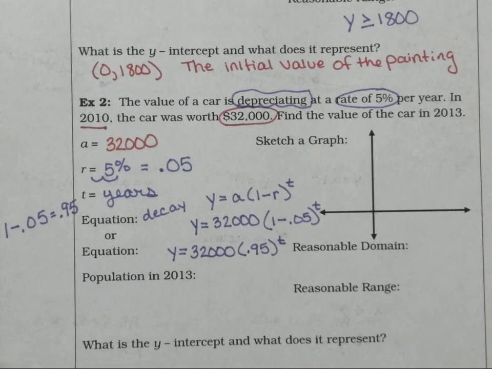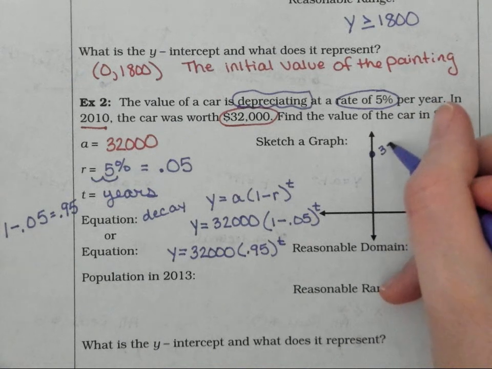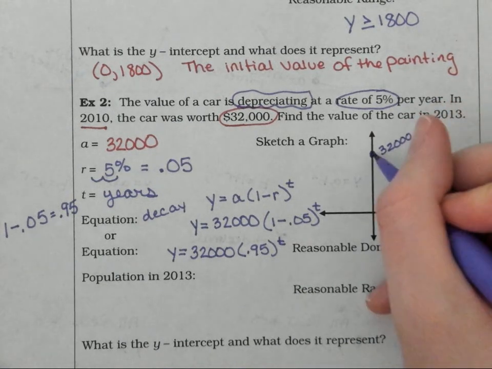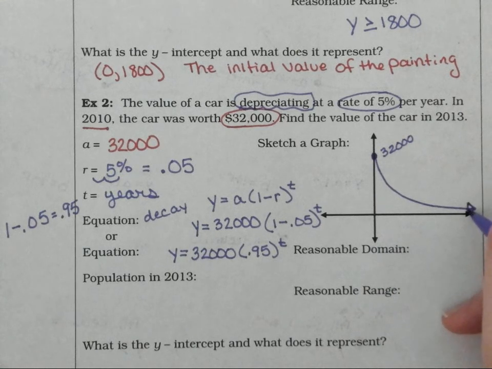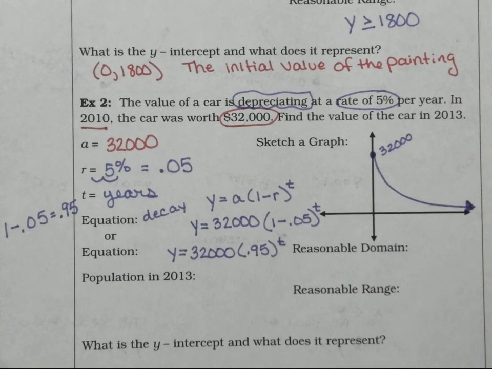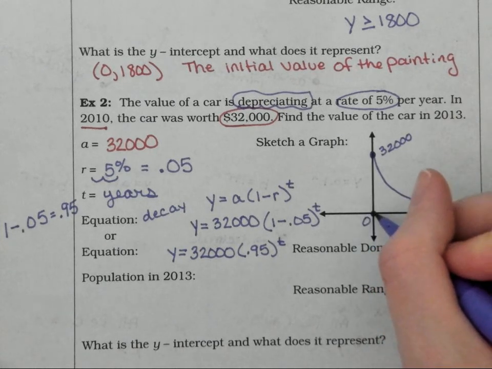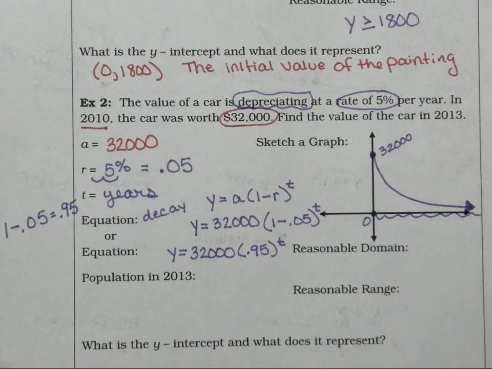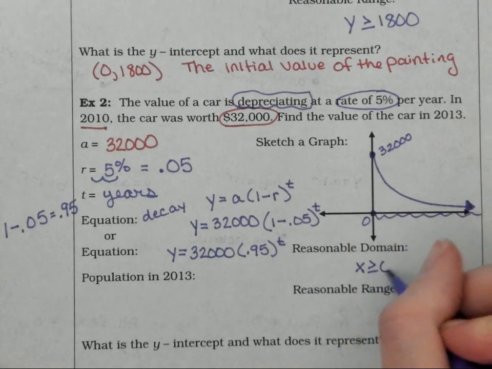And so since this is a decay function, it's going to start up here at the top at 32,000. That's our starting point. And it's going to decrease in value. And the graph would look like that. My domain still starts at 0 and gets bigger. So x is greater than or equal to 0.